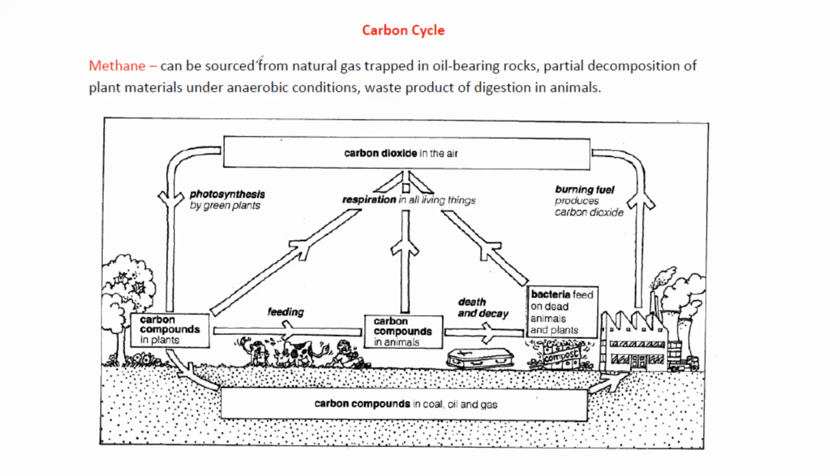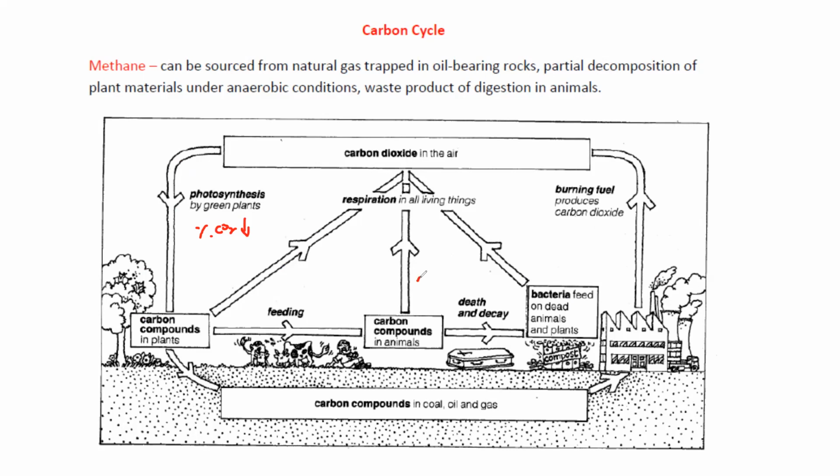The percentage of carbon dioxide in the atmosphere can be reduced by the process of photosynthesis. Then these carbon compounds are in the plants, and animals might eat those plants, and when these animals respire, they give out carbon dioxide.